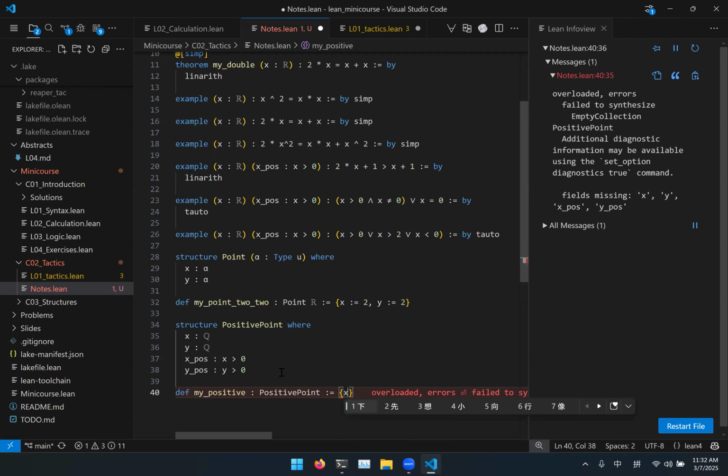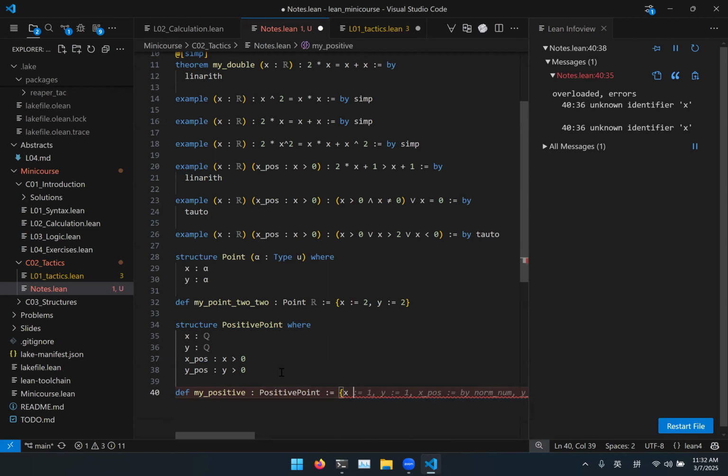In this case, we provide each one: x equals 1, y equals 2. Lean will complain that something is missing because you haven't proved everything.